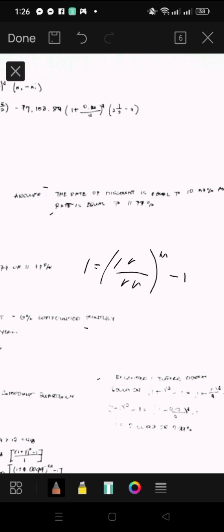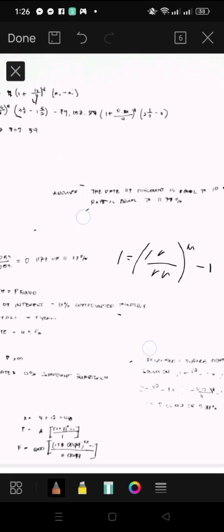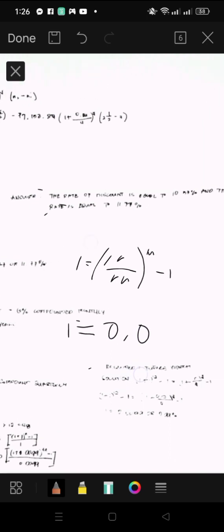So our I is equal to 0.06167 or 6.1677%.